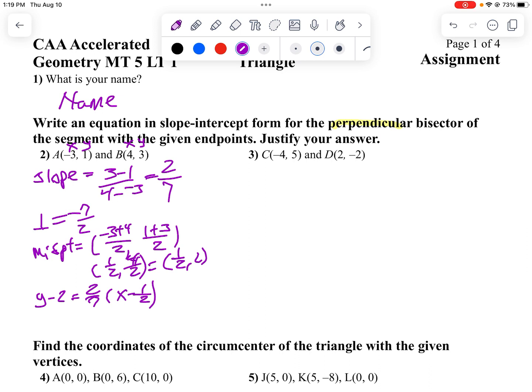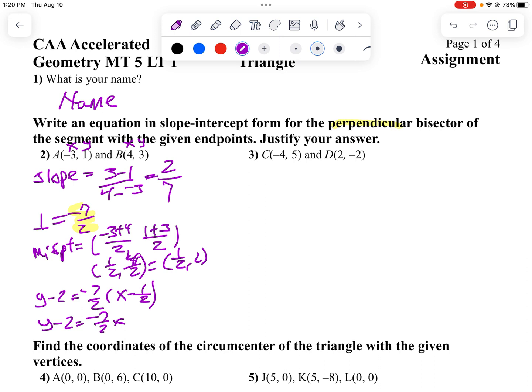Now we're just going to, whoops, I used the wrong slope there. I just realized that. Because my slope of my perpendicular line is negative 7 over 2. So I'm going to say negative 7 over 2. Now I'll distribute, so I'll get y minus 2 equals negative 7/2 x.